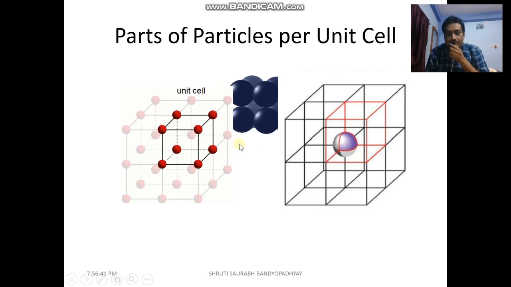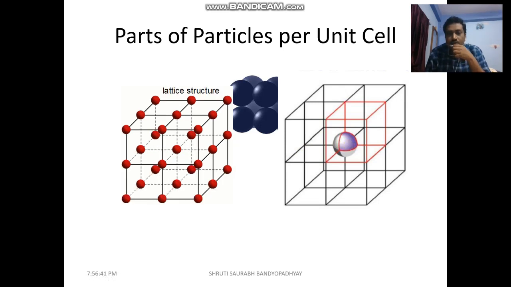For example, a particle at one corner point such as this would be a corner point, this is also a corner point like this. Particles at corner points or vertex points contribute 1/8 of their volume to one unit cell. How much volume, students? 1/8 volume.